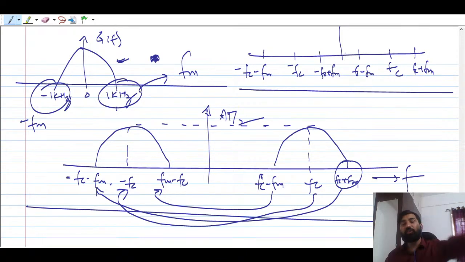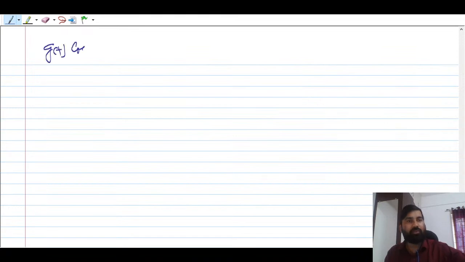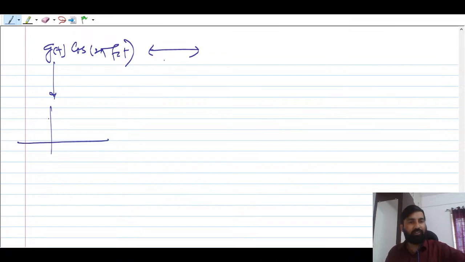So what you are doing simply is, if you are multiplying g(t) in the time domain with cosine 2 pi fc t, then this g(t) has some kind of waveform, it doesn't matter. You can say the magnitude is A here, this is fm, minus fm.